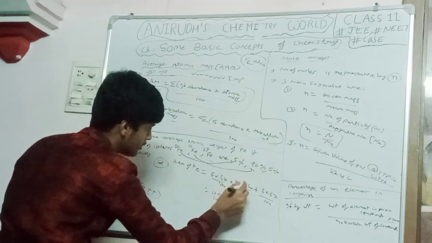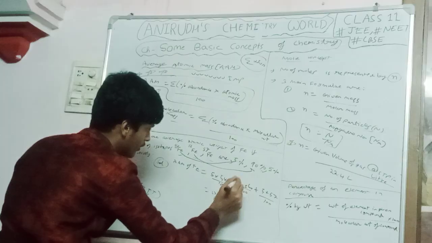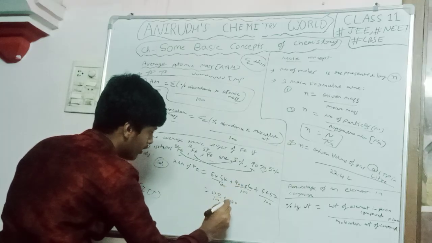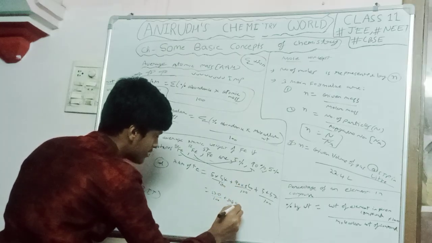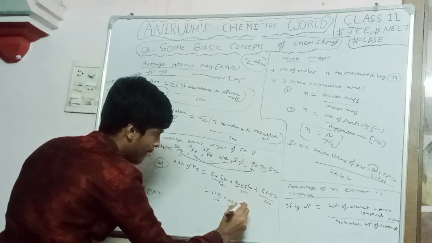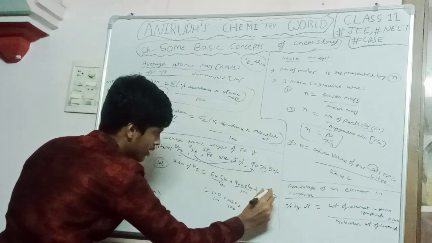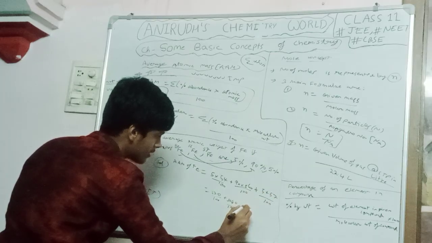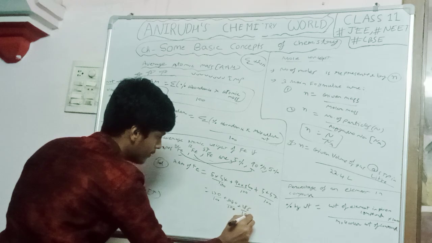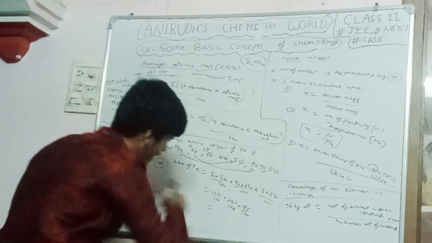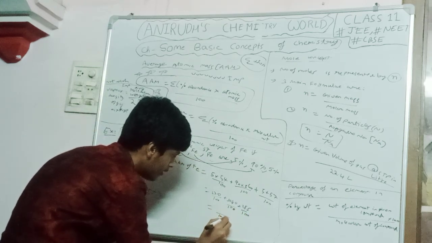So 5040, by 100. Plus 5 5s are 25, 5 7s are 35, 3 carry, 5 5s are 25 plus 3, 28, so 285 by 100. And adding all of them, you get the answer by 100. You need to add here.